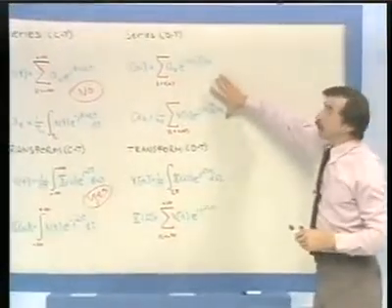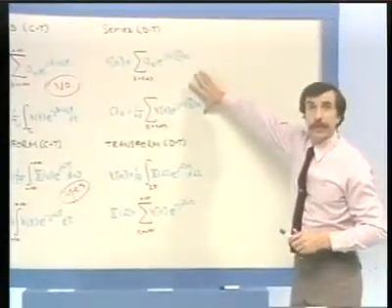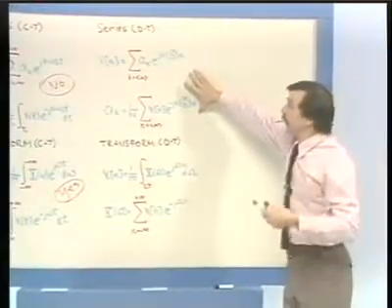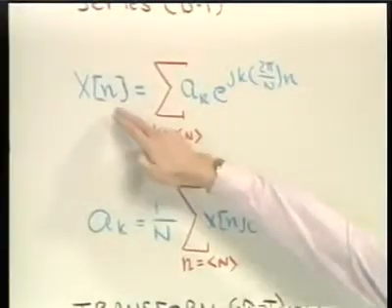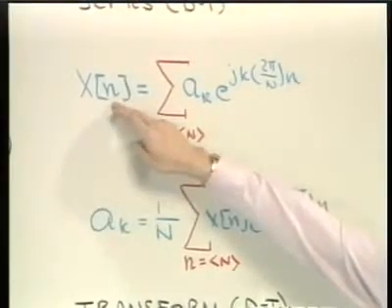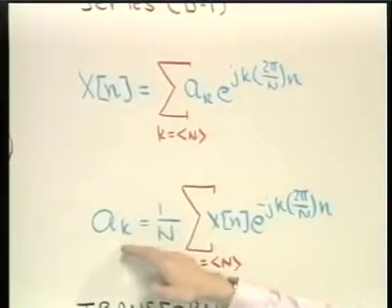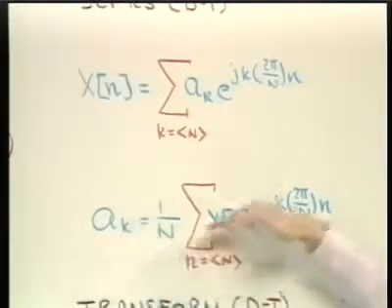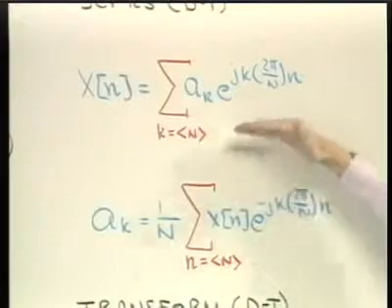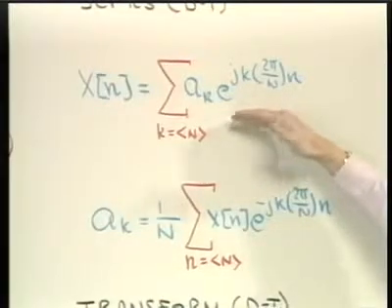With the discrete time Fourier series, we have a duality indicated by the fact that we have a periodic time function and a sequence which is periodic in the frequency domain. If you look at these two expressions, you see the duality very clearly.